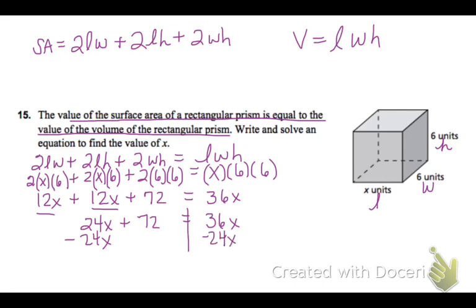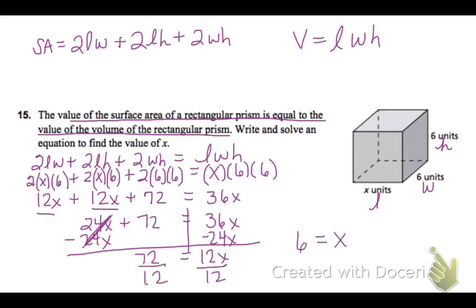So once we move the variable terms, we don't have to move the constant. Okay? So it's one less step to do. So we'll have 72 is equal to, and then 36 minus the 24 would be 12X. So divide both sides by 12. And we'll get 6 is equal to X. And that's what we wanted to find, the value of X.